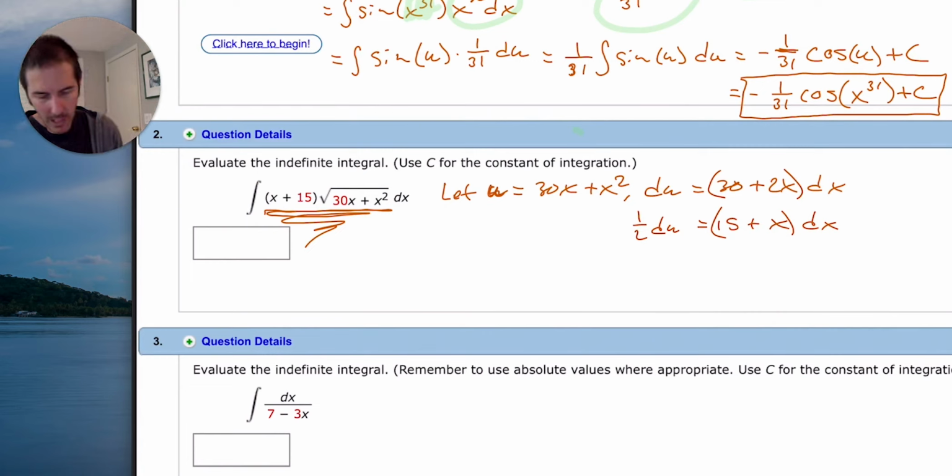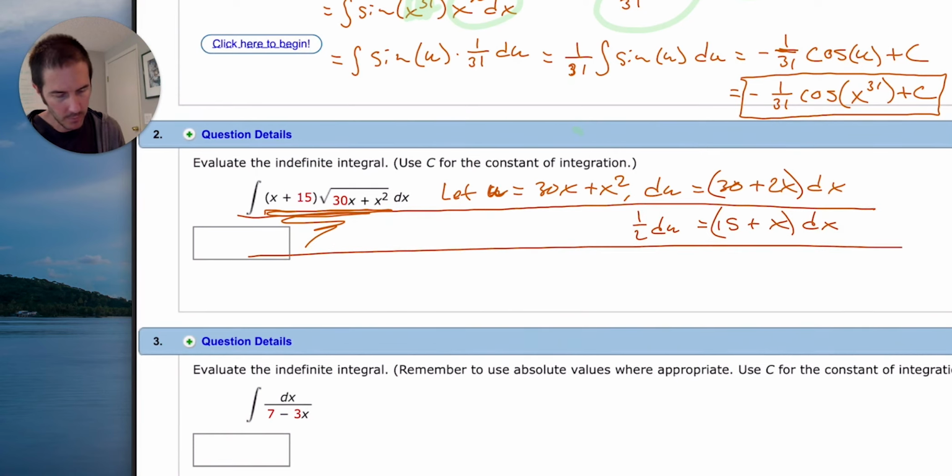If I were using lined paper, I would say that this is on one line, and then this would have been on a second line, and on the next line, maybe I would put an equal sign over here on the left, because what I'm about to write is equal to my original statement. It's equal to the integral of the square root of u times 1/2 du.